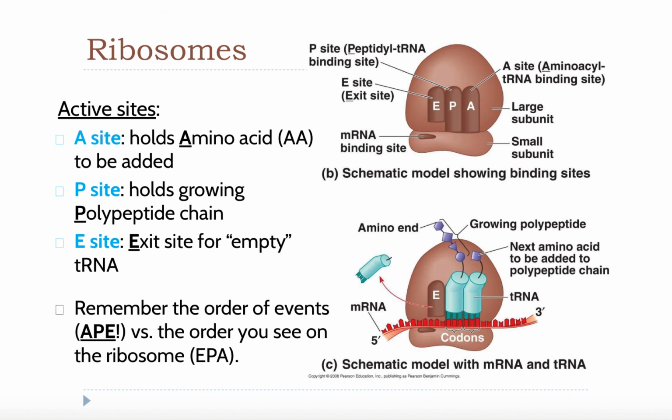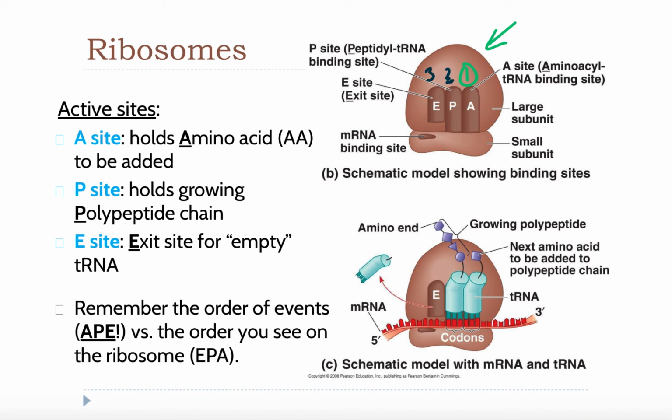Okay, for the ribosome, there's going to be 3 main sites that are really important, and it kind of runs opposite the direction of the way you see it in the ribosome. All right, so in the ribosome, the A site is the site that's used first, then the P site is the site that's used second, and then the E site is the site that's used third. So it runs in the APE direction. So the first site is basically where a new amino acid on a tRNA comes in.